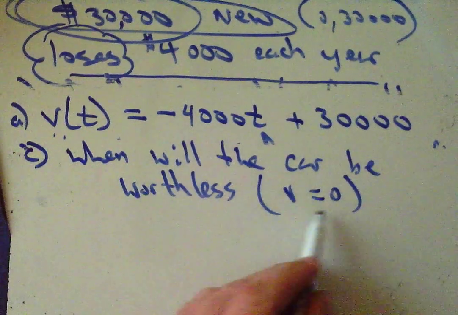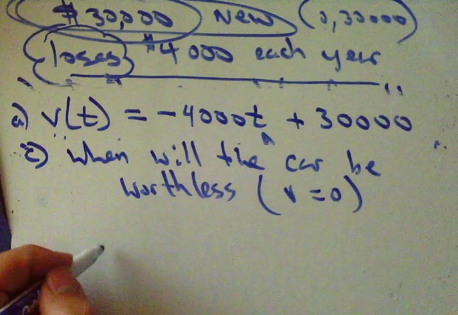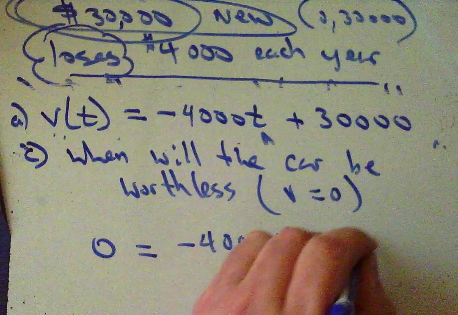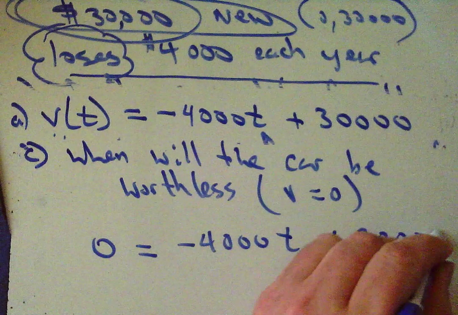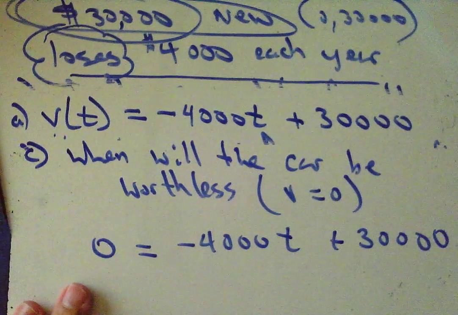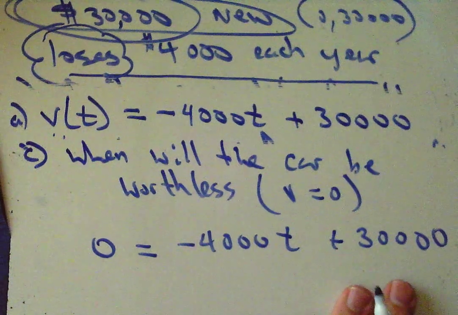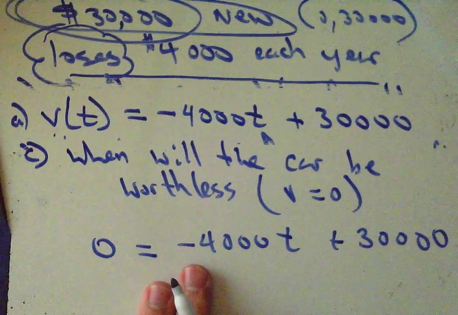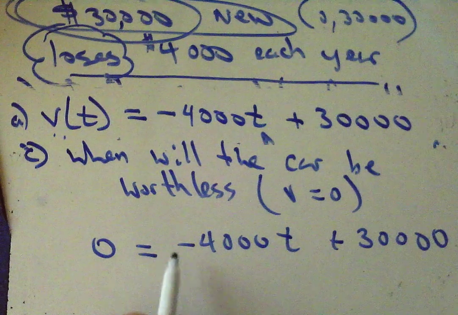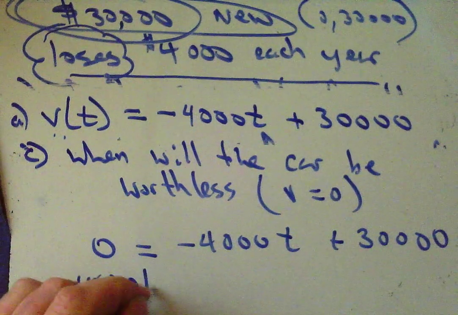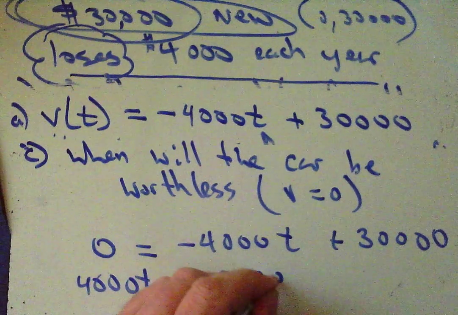So I'm going to put a 0 over here for value. 0 equals negative 4,000t plus 30,000. I need to solve this equation. Many of you are going to subtract this from both sides and divide by negative 4,000, but I'm going to add this to both sides. And so I end up with 4,000t equals 30,000.